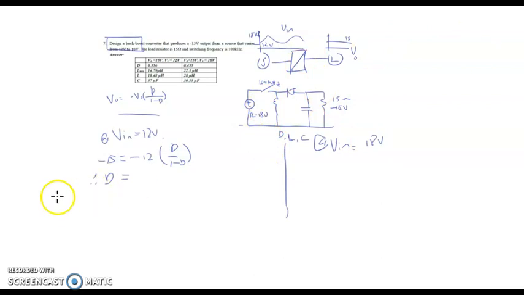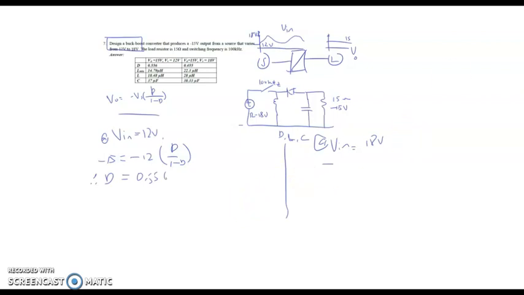Okay, for 12 volt we have V out of negative 15 volt equal to negative 12 volt source times D over 1 minus D. So we calculate for D, we get D equal to 0.556.